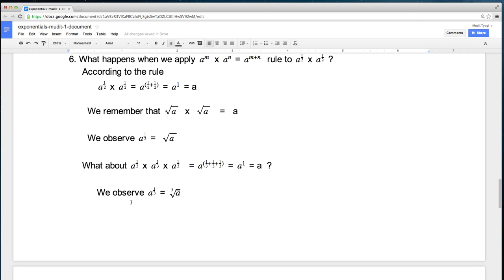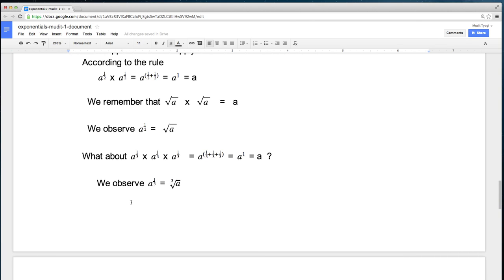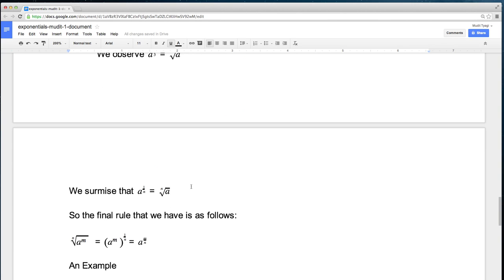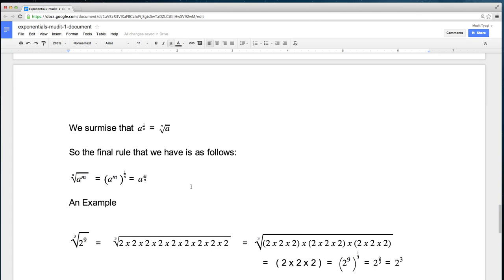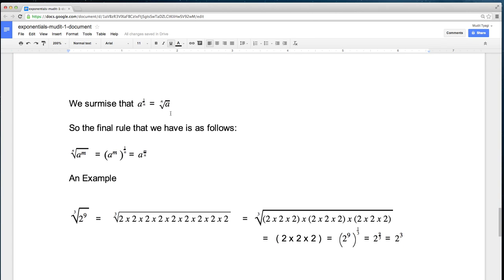Remembering that the cube root of a multiplied 3 times gives you a, we observe that a to the 1/3 is equal to the cube root of a. And then we surmise that it seems that a to the 1 over n is the nth root of a.